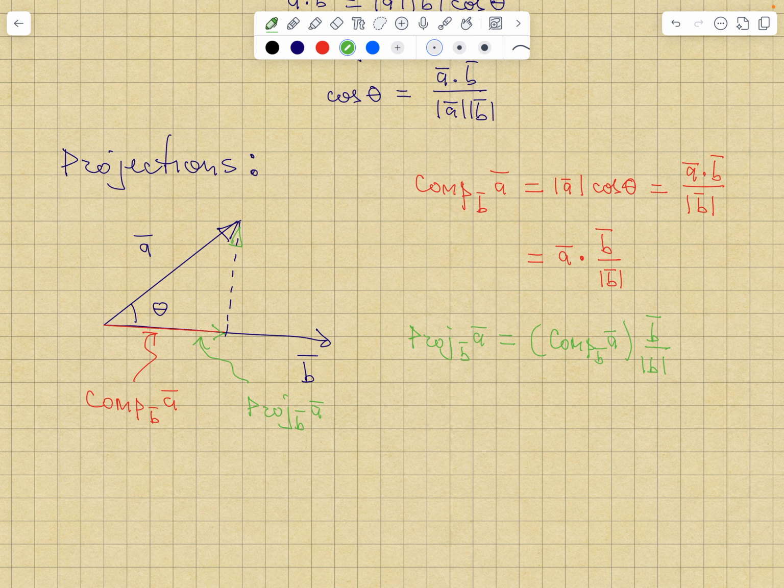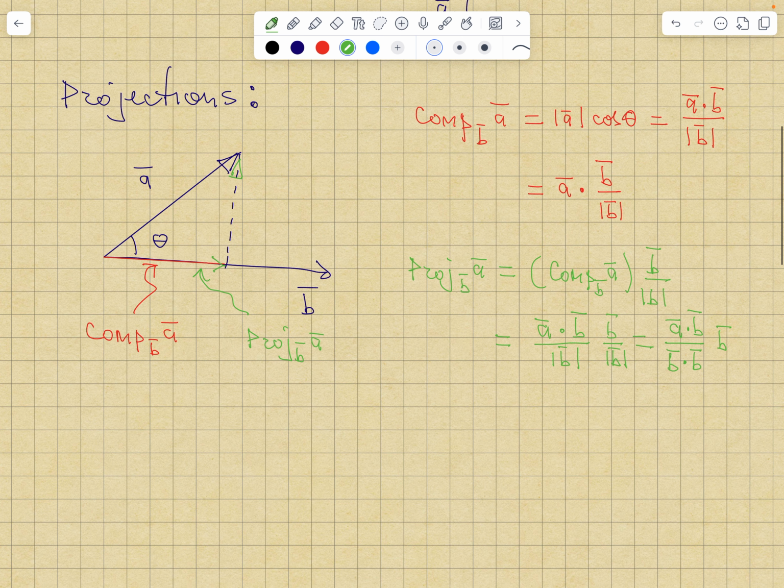And so now if I substitute the expression for comp AB into this equation, I will have A dot B divided by the magnitude of B times B over magnitude of B, or if you wish, A dot B divided by magnitude of B squared in the denominator, but magnitude of B squared is the same thing as B dot B times a vector B.